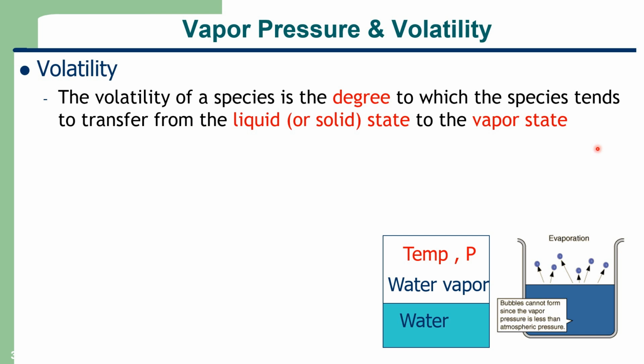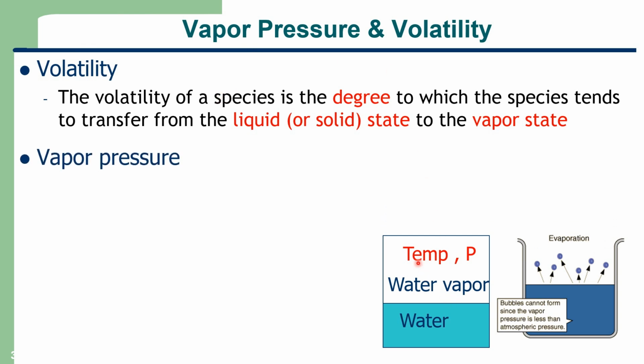Which one is easier to escape from liquid state to vapor state? Alcohol, right? Why? Because alcohol has a higher volatility. Of course, the boiling point is lower compared to water.